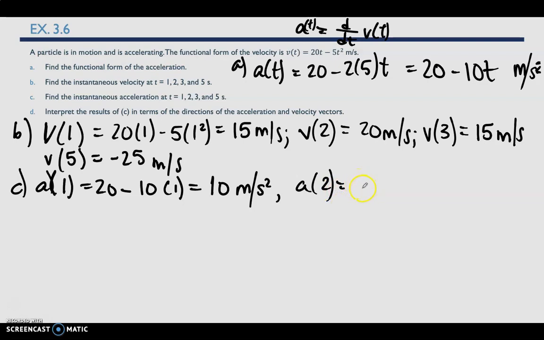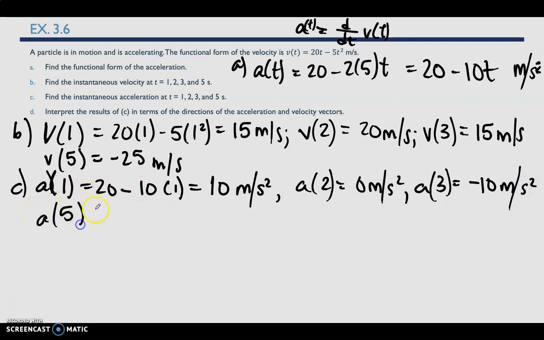Acceleration at 2 seconds is 0 meters per second squared. Acceleration at 3 seconds is equal to negative 10 meters per second squared. And the acceleration at 5 seconds is negative 30 meters per second squared. Okay, so that is the instantaneous velocities and accelerations.